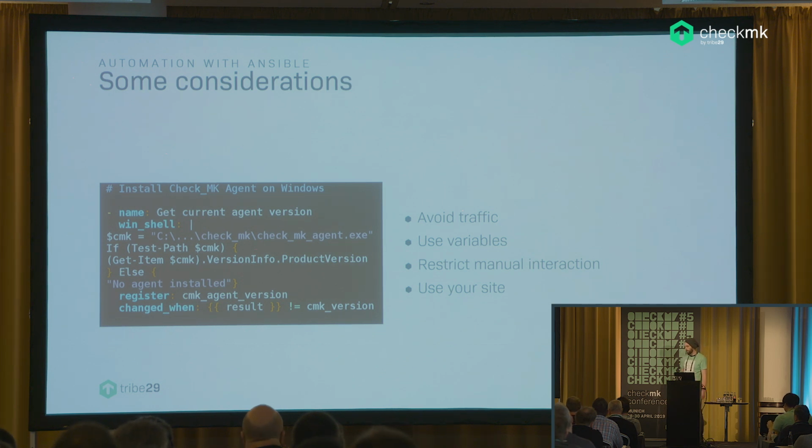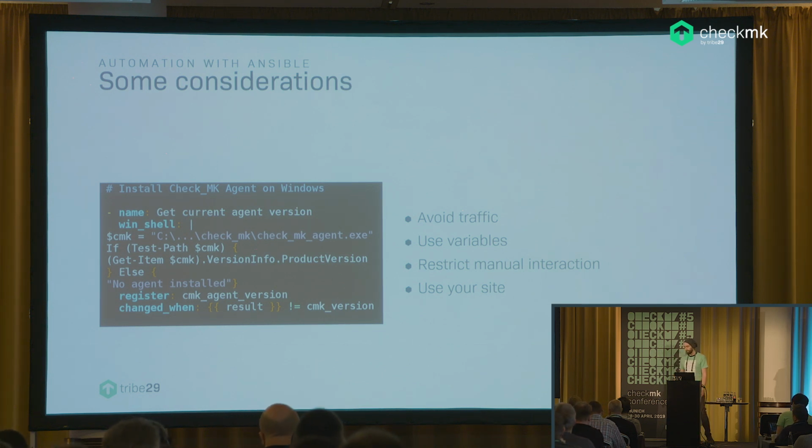Next, you also have to make sure that you use variables as much as possible, and manual interaction should be restricted as much as possible, because it's still an automation tool at the end of the day, and it's supposed to create automation and not be a manual tool, right?